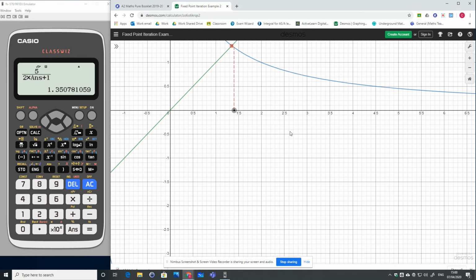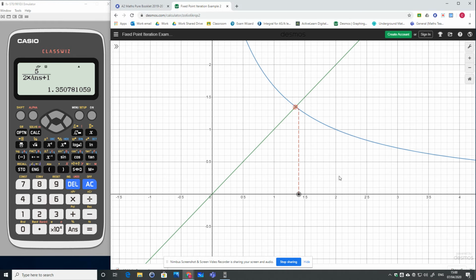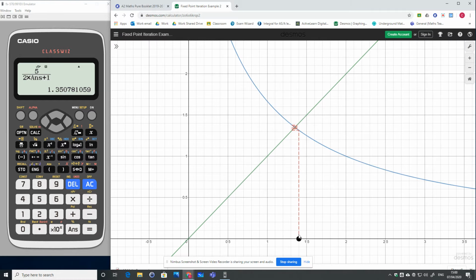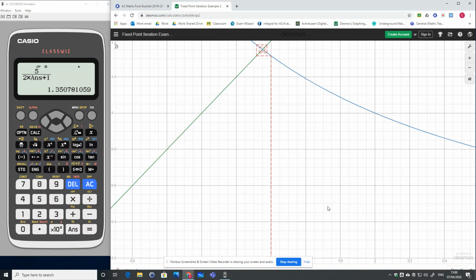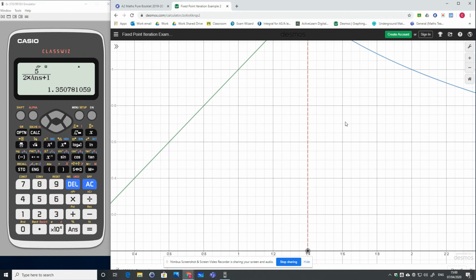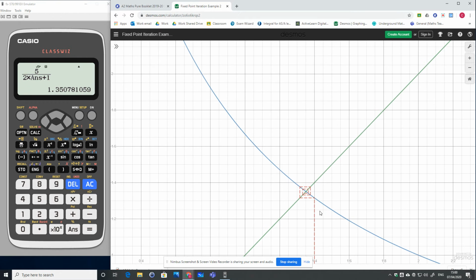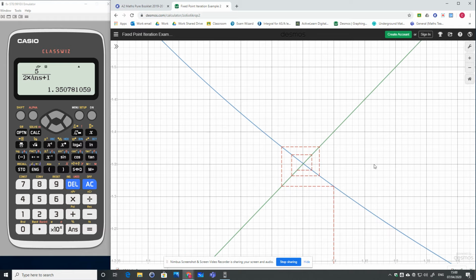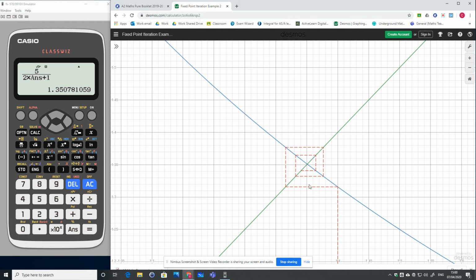I'm starting at 1.4. So what is happening here is we are substituting 1.4 in. We got 1.315. So we're going up to there, then you can see, the green line is y equals x. We substitute it in, let the y value equal the x value and substitute that back in, which gives me my next y value, which was 1.3768.